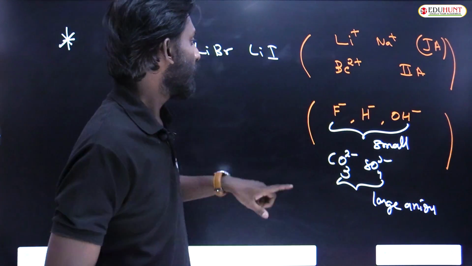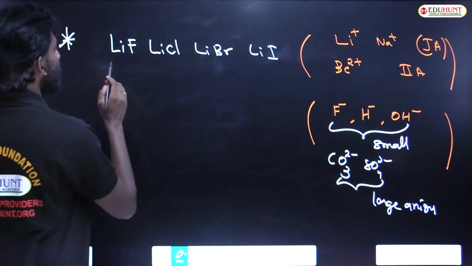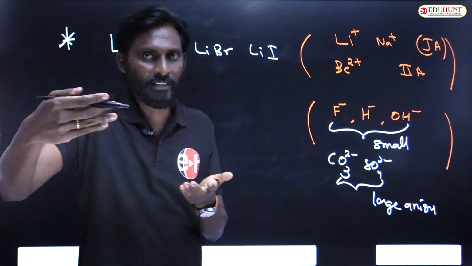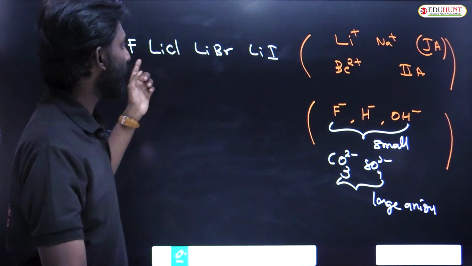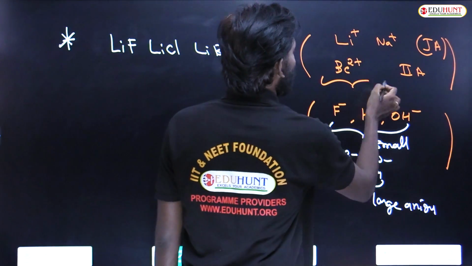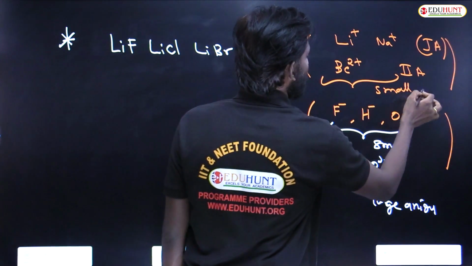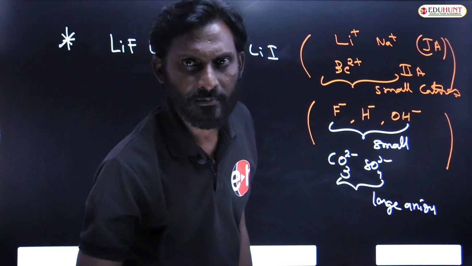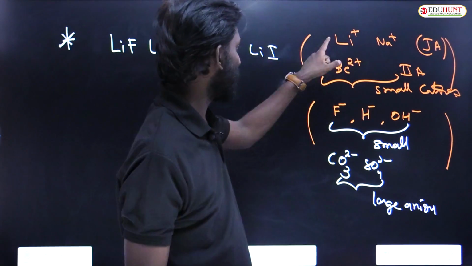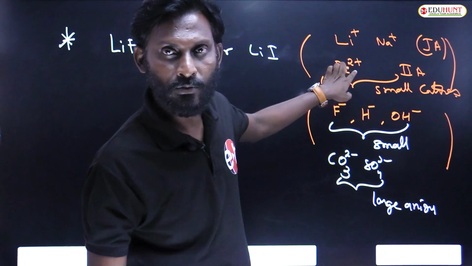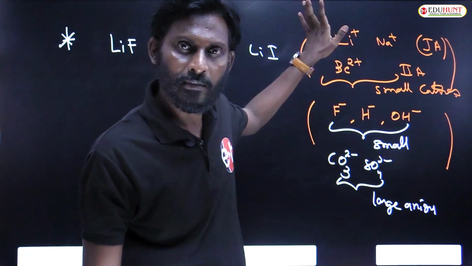Now among these, identify the cation, because here the cation is constant and the anion is changing, right? The cation is lithium, so all are small cations. You know, in a group top to bottom, size increases. The first member lithium and the second member we have considered as small, and in the next group only beryllium is considered small. Remember this.